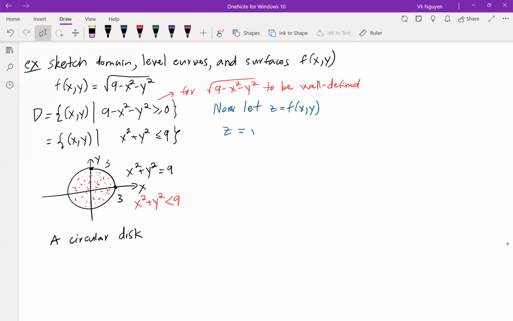So z equals the root of 9 minus x squared minus y squared. z squared is 9 minus x squared minus y squared, and you see that x squared plus y squared plus z squared equals 9. Well, this is a sphere of radius 3.